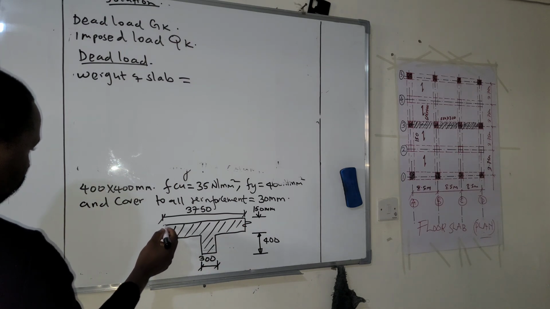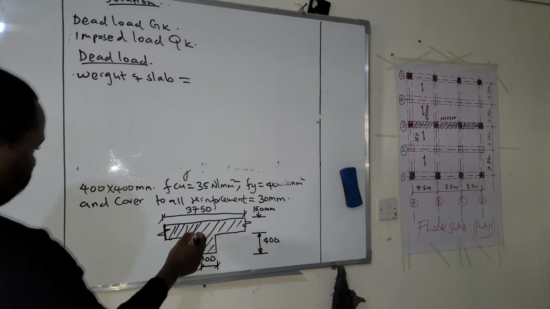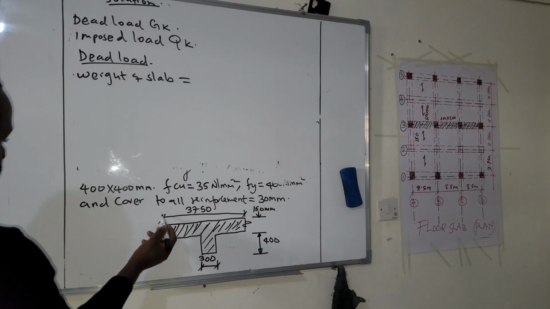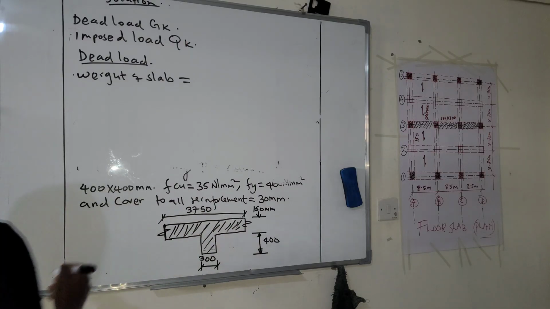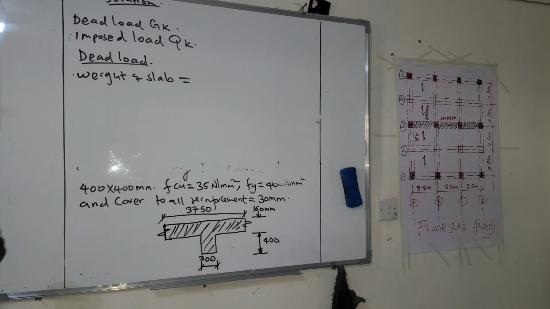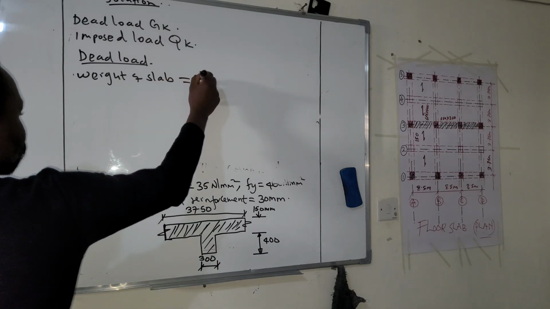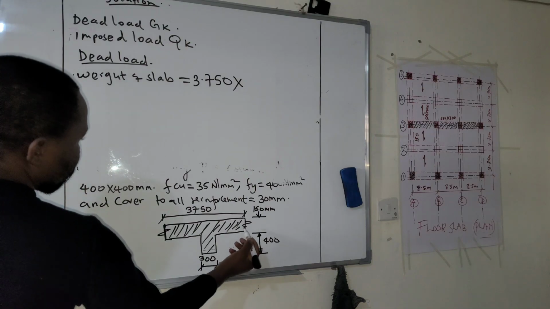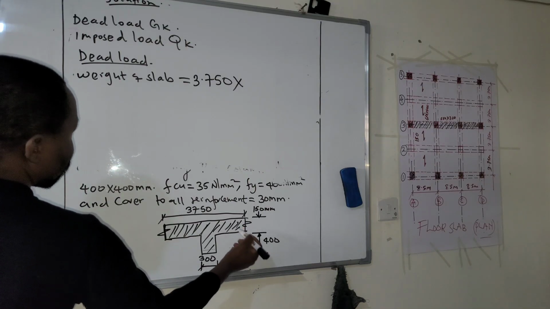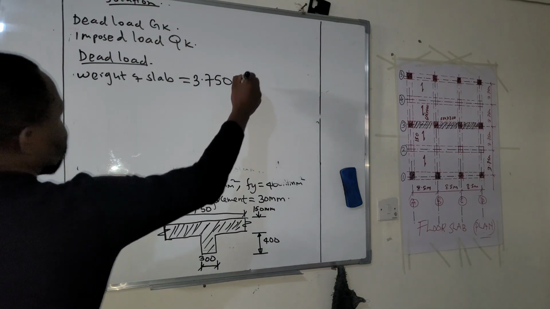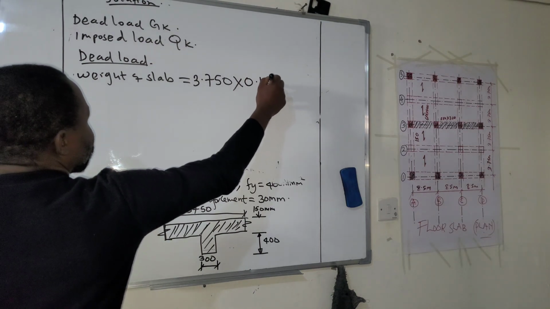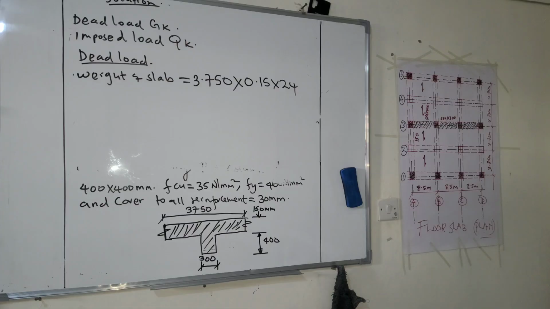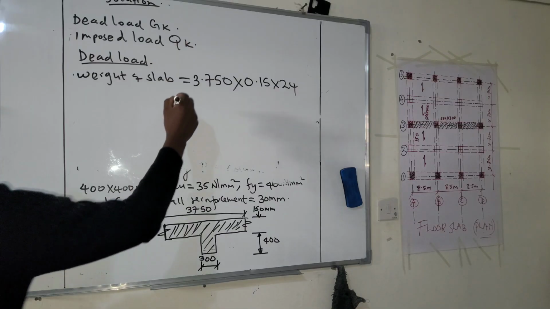It will be the area of this slab alone. So that one is equal to this distance from here to here, 3750, you divide by 1000, you'll get 3.750, times the thickness of the slab, 150 divided by 1000, 0.15, times 24, which is the unit weight of concrete.